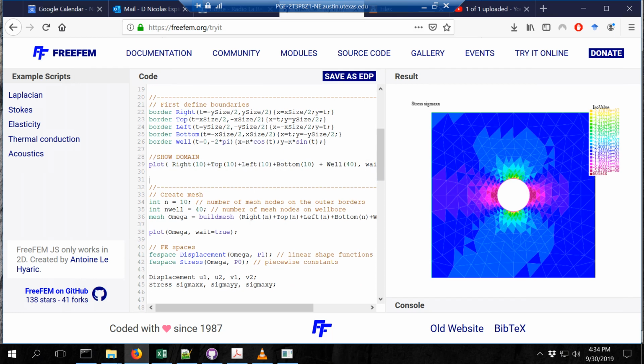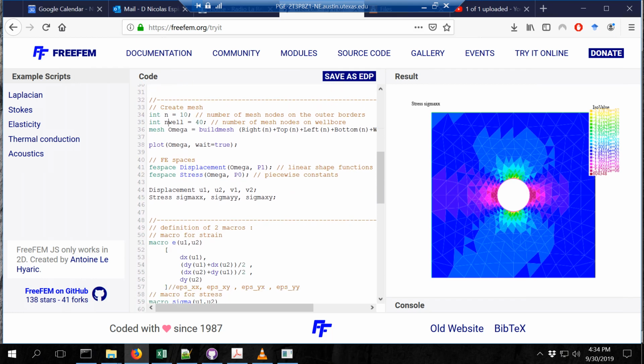And what this is going to do is I'm going to create a mesh with this command, and this mesh is going to be composed by, these are just some integer variables.